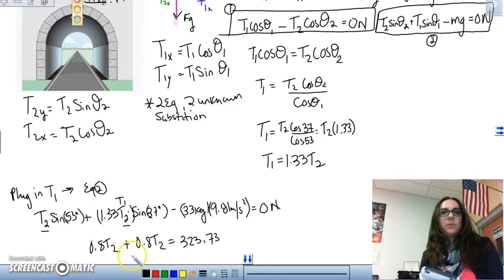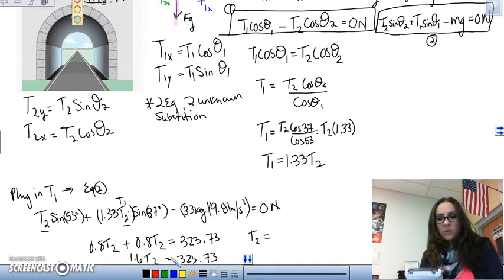So these add up to 1.6 T2 equals 323.73. What I'm going to solve for now is T2, so I divide this by 1.6. So I get a value of 202.33 newtons, like that. Very cool.